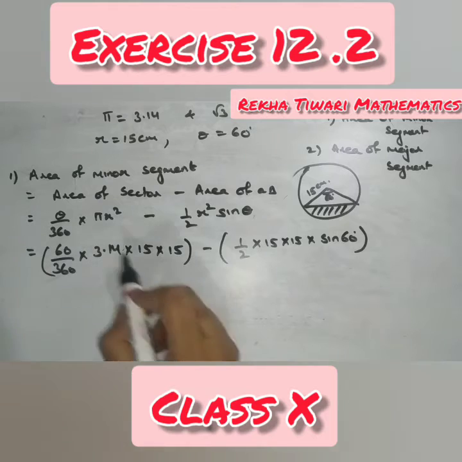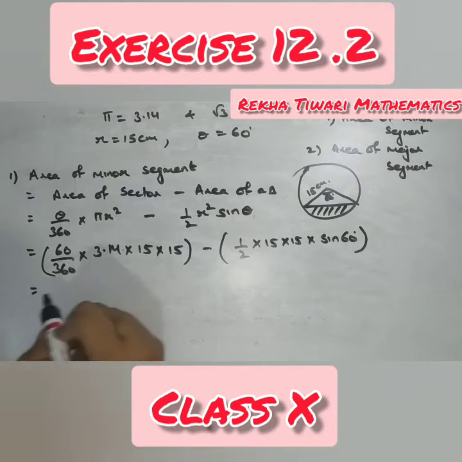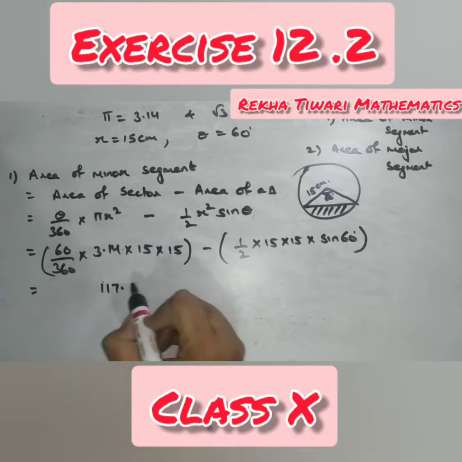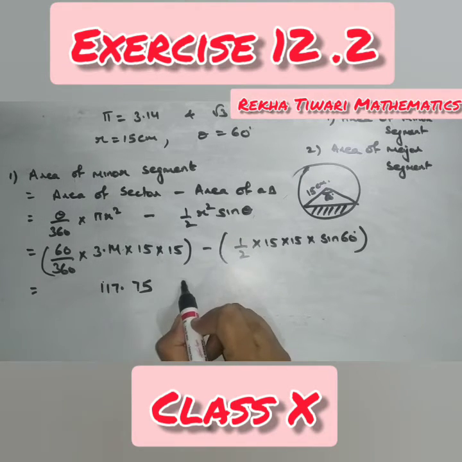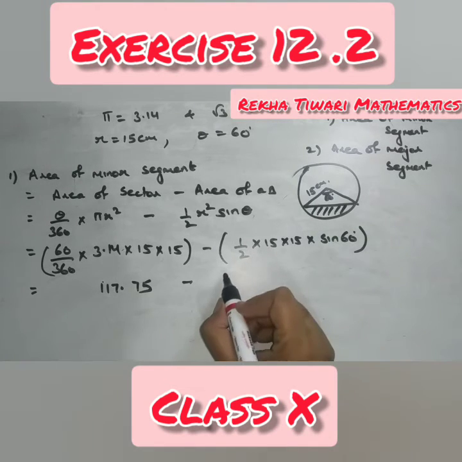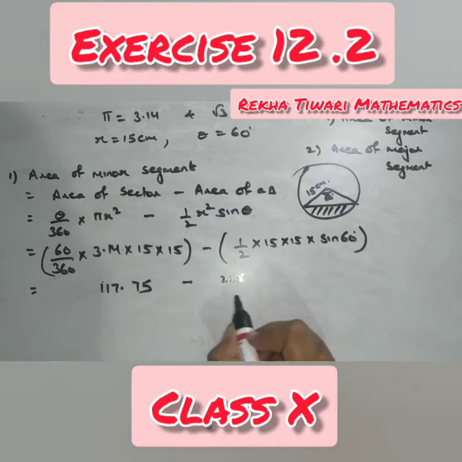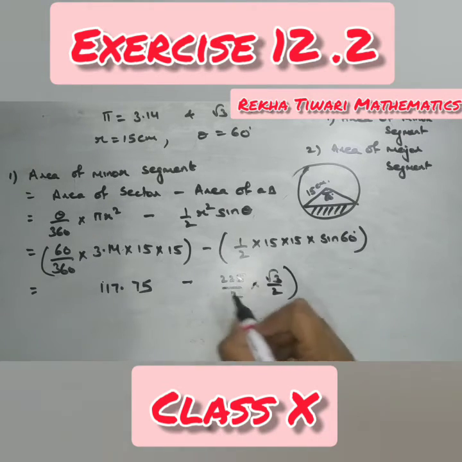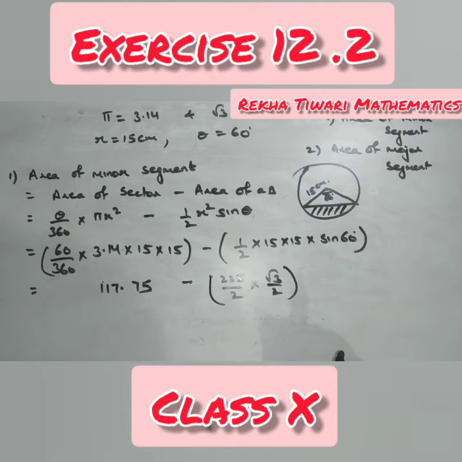So when you solve this part, the answer comes out to be 117.75. Calculate yourself, and when you solve this part you will get as 225 by 2 into root 3 by 2. Say 15 into 15 is 225 by 2 into sine 60 is root 3 by 2.